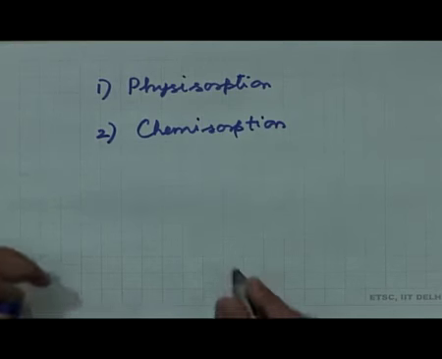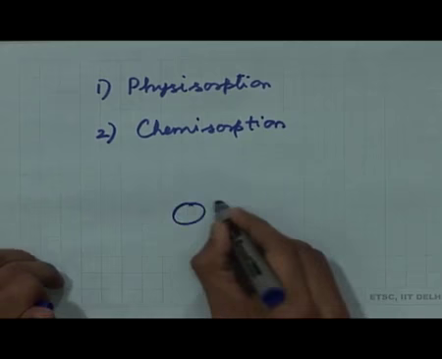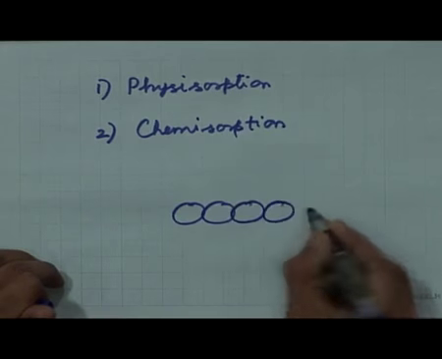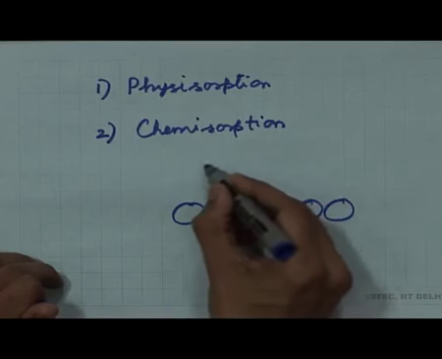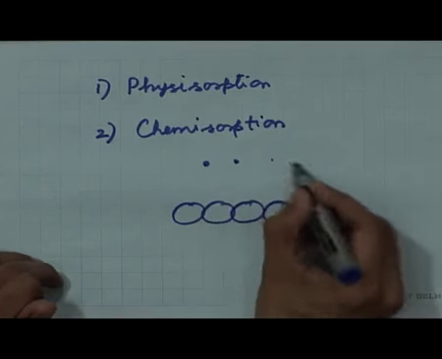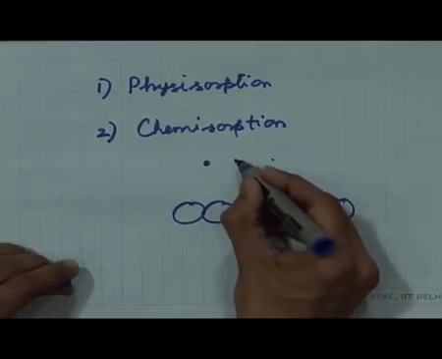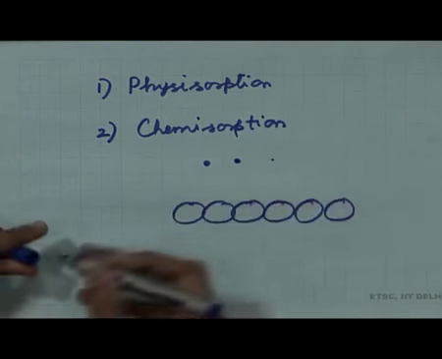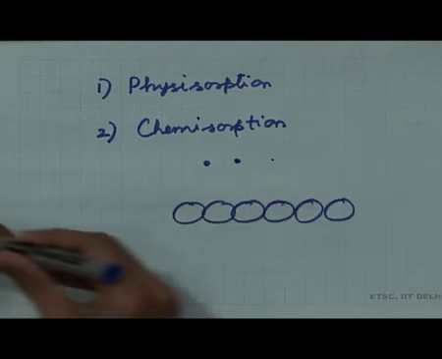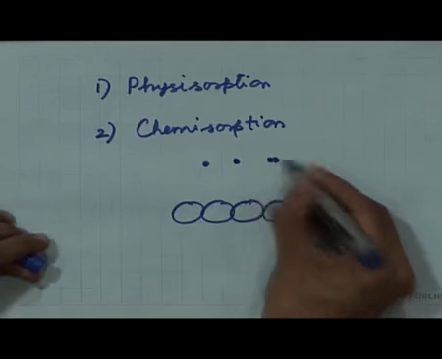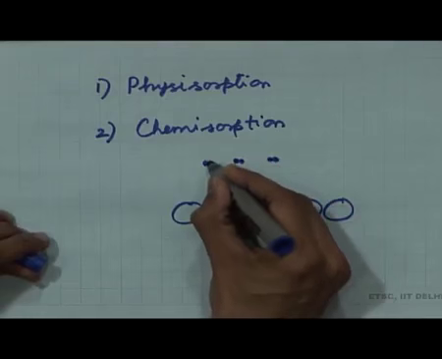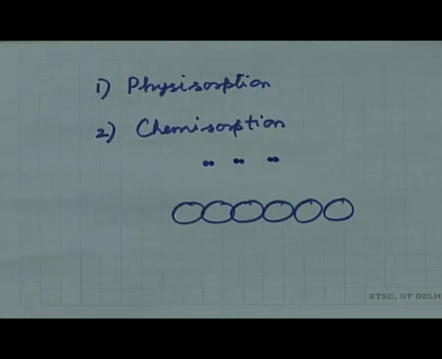So, imagine that I have a surface and all my surface atoms are round spherical things and I have some gas phase molecules here, and for convenience let us now make these not single dots on top, we will make them double dots, which means that this is a diatomic molecule.